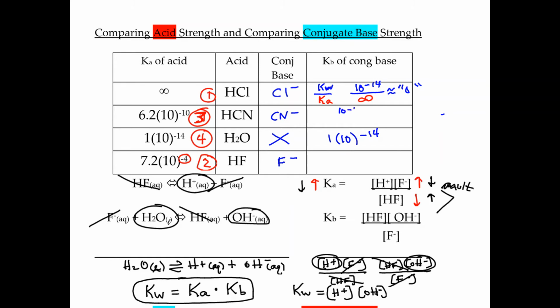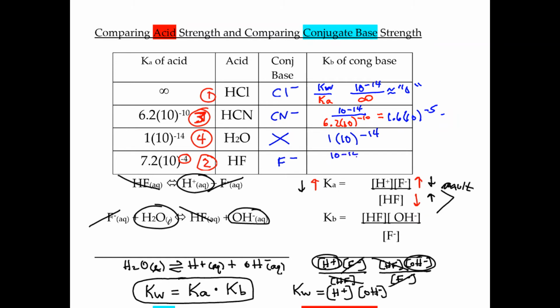Okay, next we're going to take 10 to the minus 14th for this, divided by the Ka, which was given, 6.2 times 10 to the minus 10th. And that's going to equal your Kb, which is 1.6 times 10 to the minus 5th.